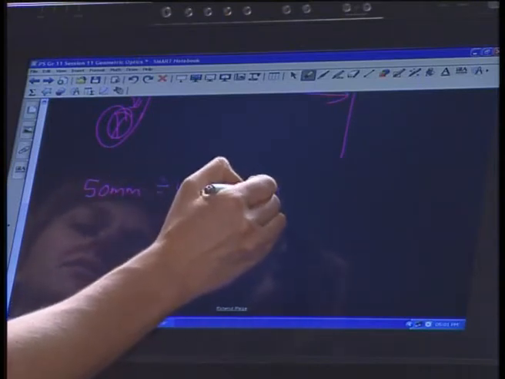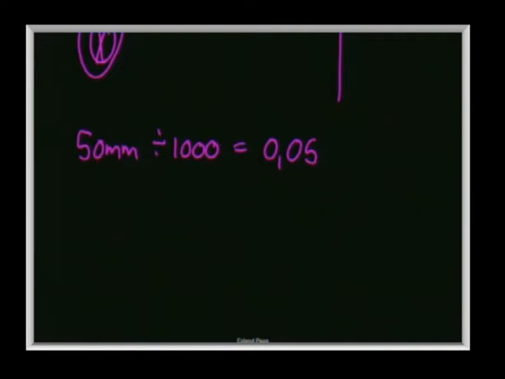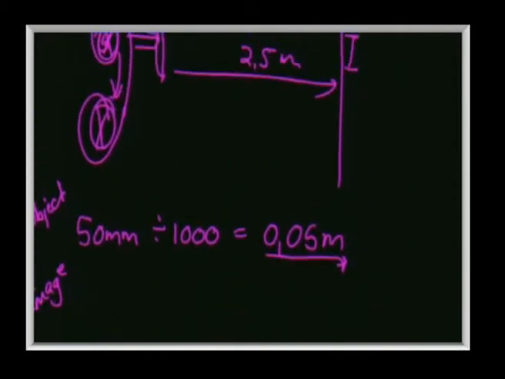And that will give me a distance of 0.05 meters. Now this distance is my object distance. So that is how far my object is from my lens. The second distance they gave us would have been our image distance. Now that is the distance that our image over here is situated from the lens, and that is given to us as 2.5 meters.